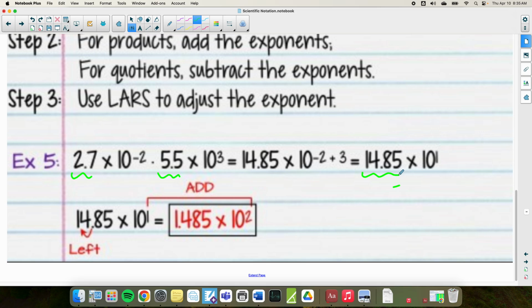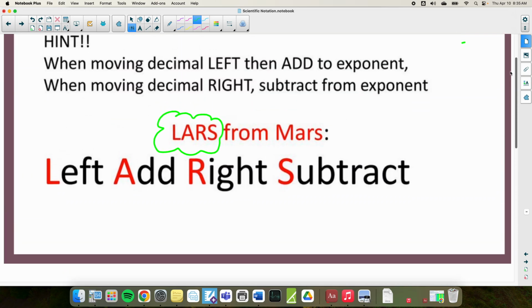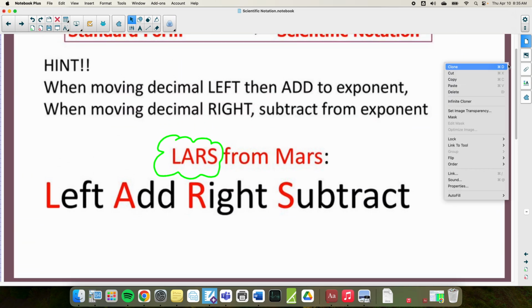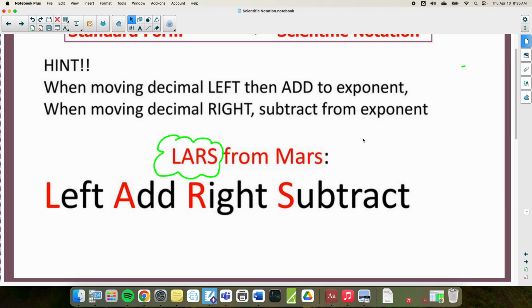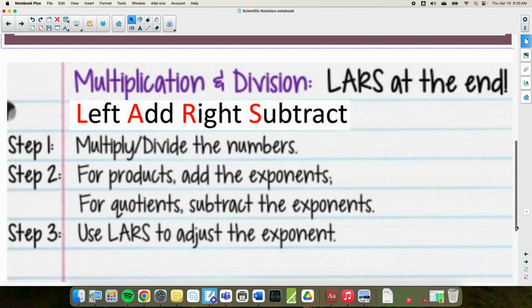Then, this is where the Lars from Mars comes into effect. We have 10 to the negative second and 10 to the third, and we are multiplying, okay? What Lars from Mars is saying is, no, hold on. Where are my rows for this? Oh, right here.